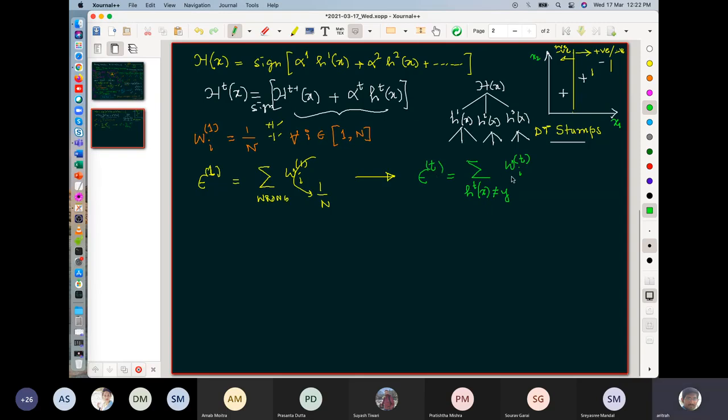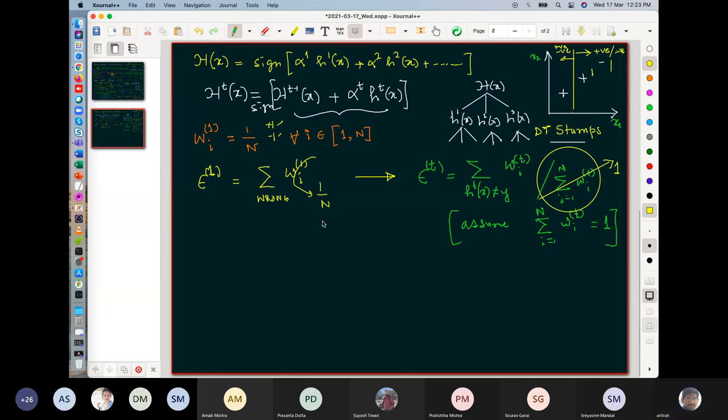And you can see that since I have normalized it, my average error is the sum over all points of my weights. And to get it normalized, we also assume that the sum over all weights at any particular time step sums to 1. So this term vanishes, which means this term is 1.